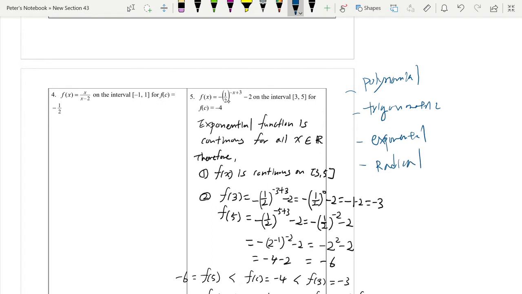Radical function is not continuous for all real x, but within its domain, for example, it might look something like this. Within this domain, not including this endpoint, everywhere else is continuous for the radical function.